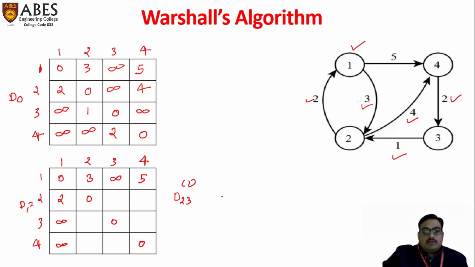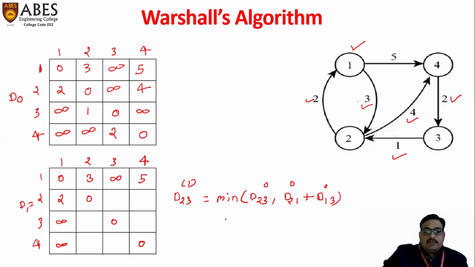D23 in D1 equals, according to the formula, the minimum of d23 in D0, and, because we are taking 1 as the intermediate node, d21 plus d13 in D0. We'll see this value.